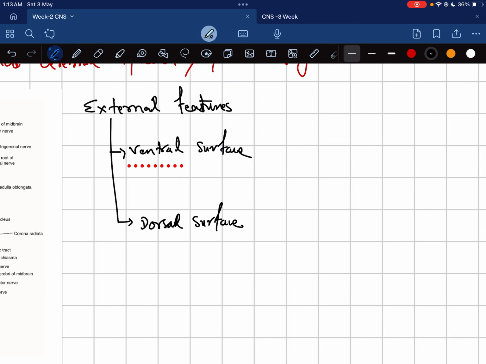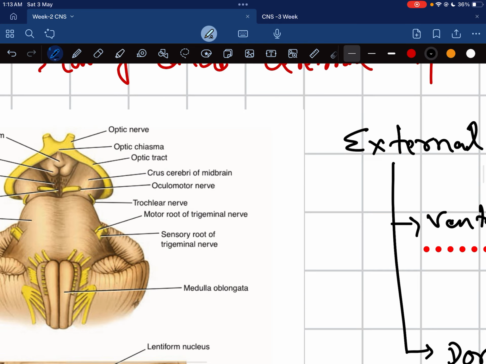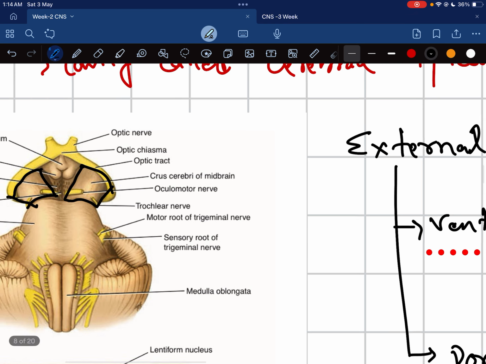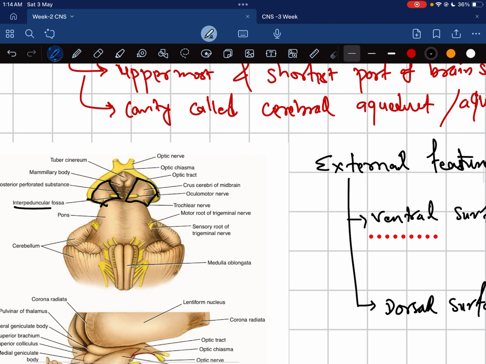When we look at the anterior or ventral surface, there are two crus cerebri, and in between them there is a fossa, known as the interpeduncular fossa.